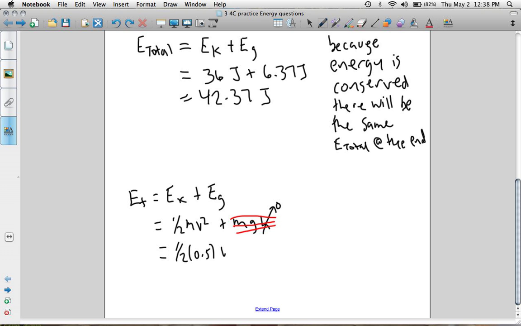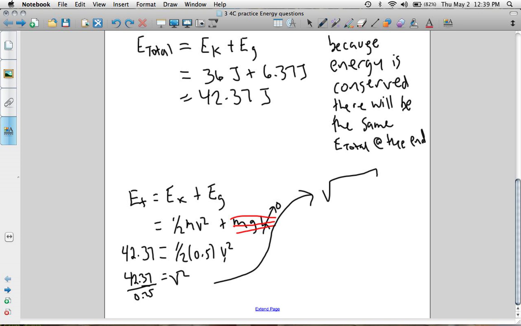So 1/2 times 0.5 times v squared, because I don't know that yet, but I do know the total energy is the same no matter where it is, 42.37. So that equals 42.37 divided by, now I'm just going to multiply 1/2 times 1/2, gives me 1/4, which is 0.25, equals v squared. Let's move this up over here.